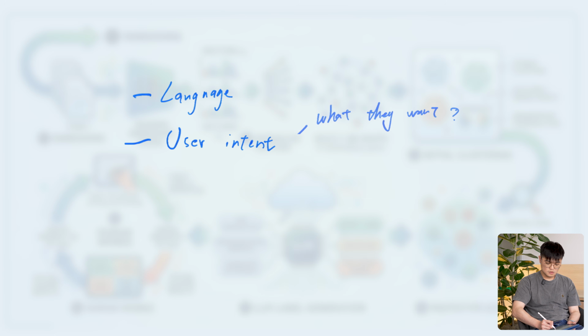Another thing, similar to what we have in the category, is the user intent. User intent includes several things. For example, the first is what they want to build, and the second is what style they want. There are also some more salient things, for example, what specific component they want.